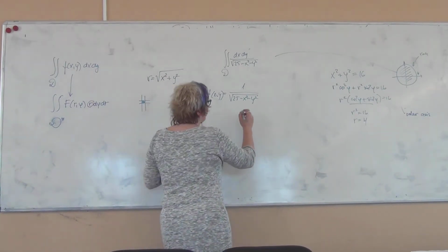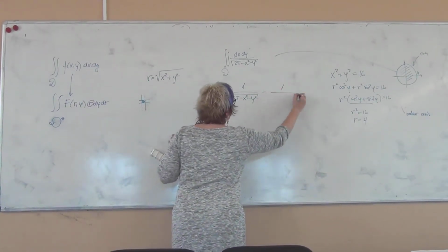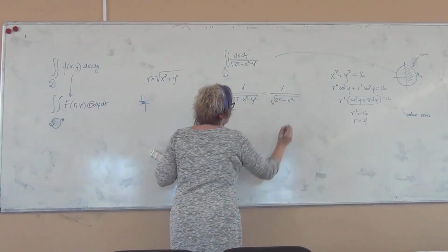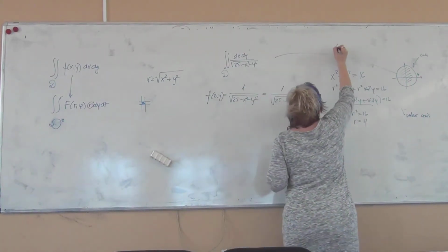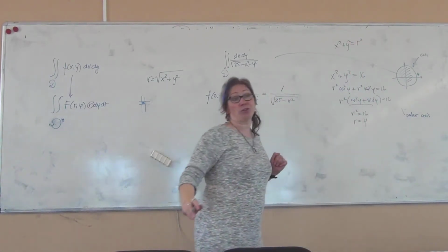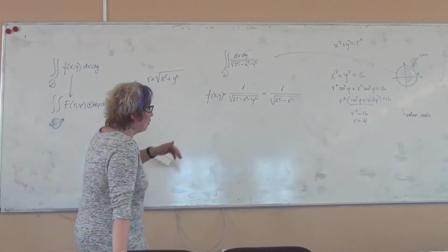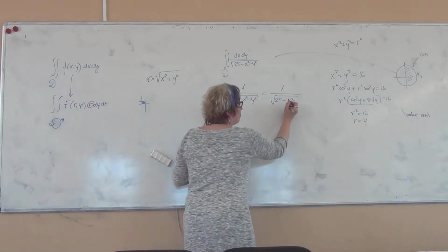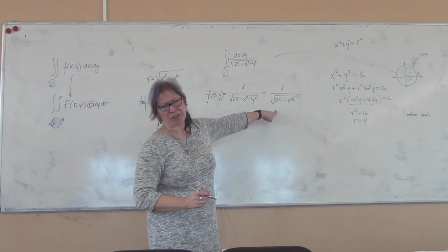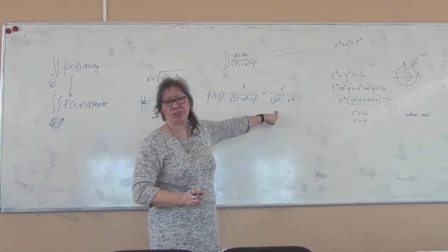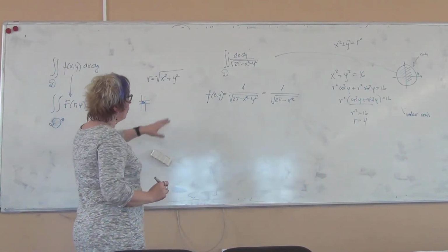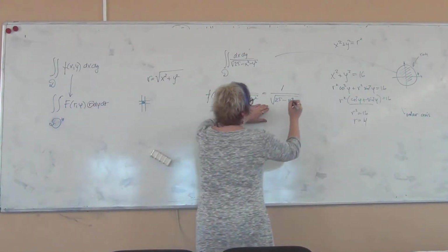This actually becomes 1 over square root of 25 minus r squared, because we know that x squared plus y squared is r squared for any point. Actually, we know how to integrate things like this. Arcsine.